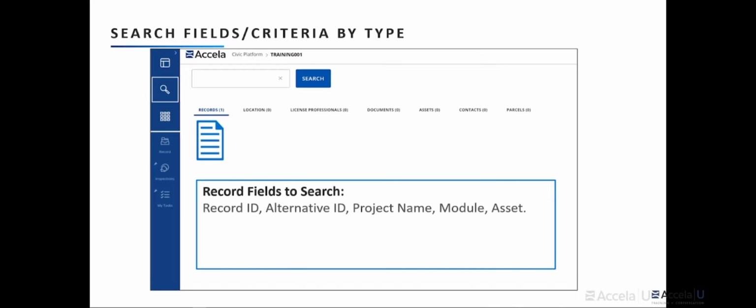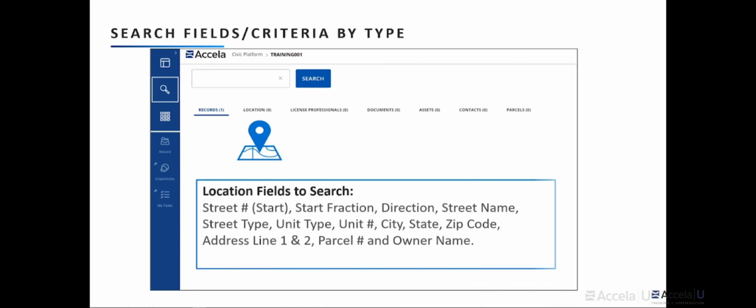As far as fields that can be used for your searches, if you were looking for record data, you could use fields such as a record ID, alternative ID, project name, module, asset. If you were looking up locations or addresses, you could use the street number, start fraction, direction, street name, street type, unit number, city, state, zip, address line 1 and 2, parcel number, and owner name.